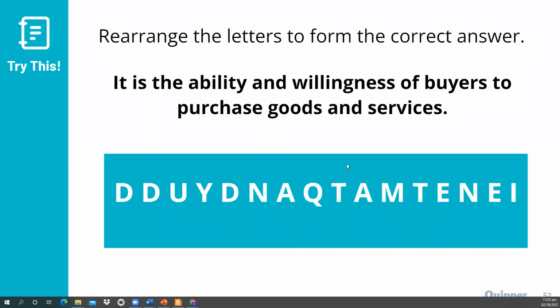Next, it is the ability and willingness of the buyer to purchase goods and services. Okay, ability and willingness of buyers to purchase goods and services. What was that again?